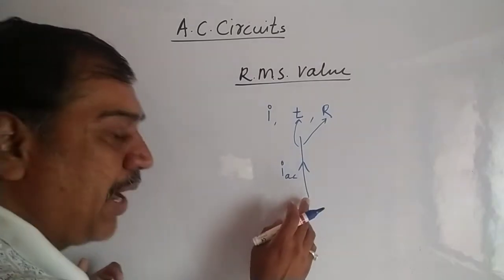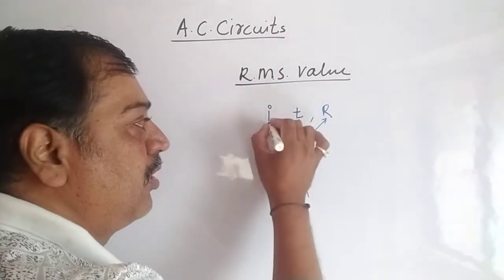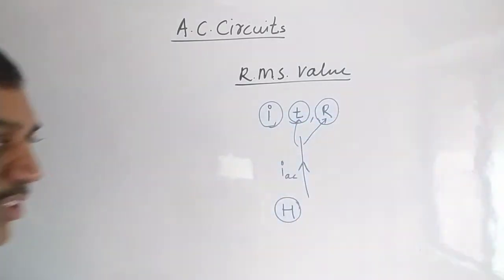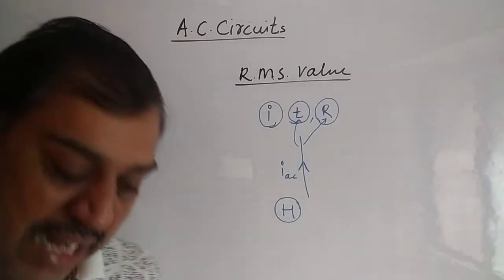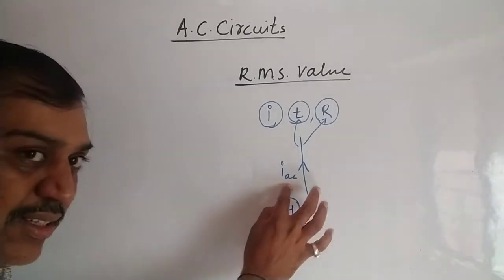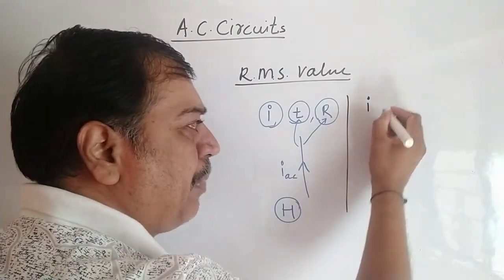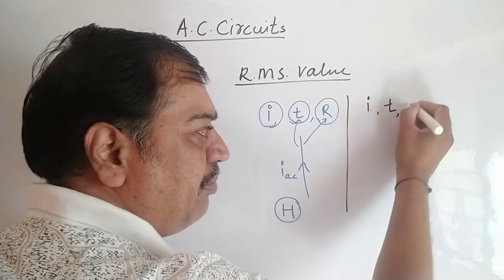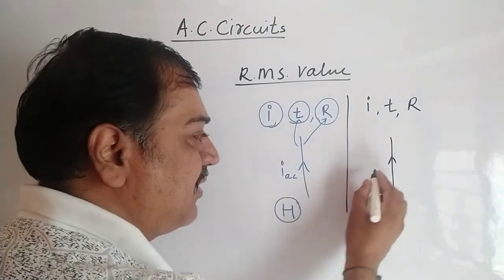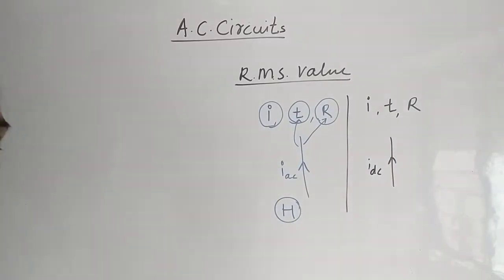Then how much heat is produced in this conductor can be found out. Suppose H amount of heat is produced. Now let's take a second case. In the second case, the current I is the same, the time T is the same, the resistance and wire are the same, but instead of passing AC, I have passed DC current.